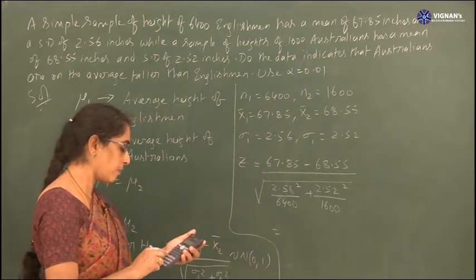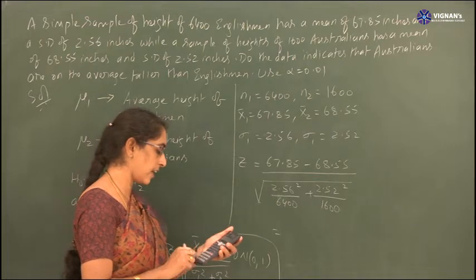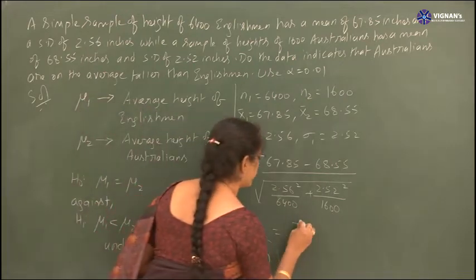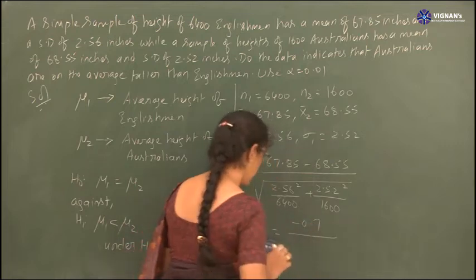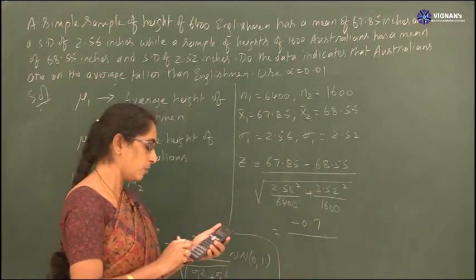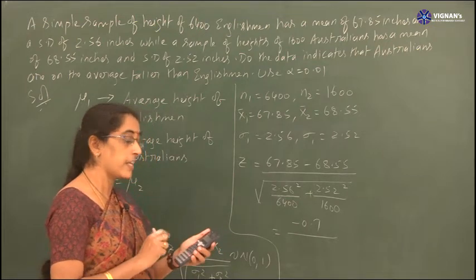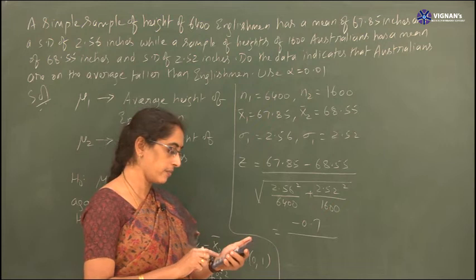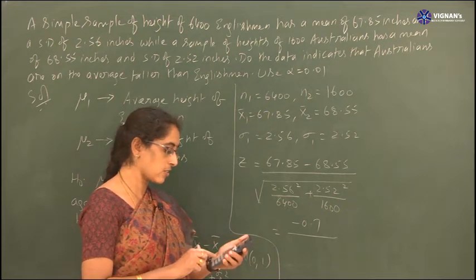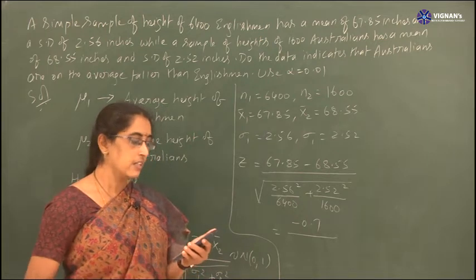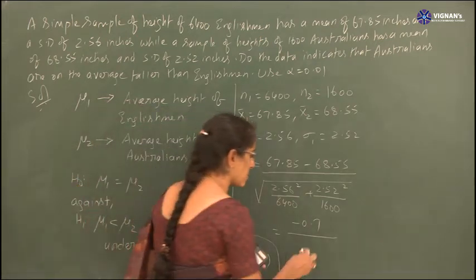So 67.85 minus 68.55 is minus 0.7. Now coming to the denominator, 2.56 square divided by 6,400 plus 2.52 square divided by 1,600. But under the square root, it is 0.0707.